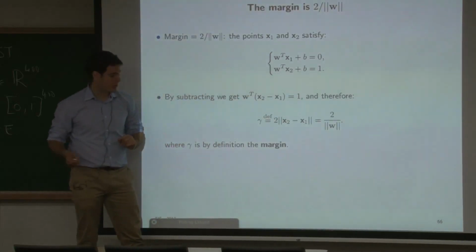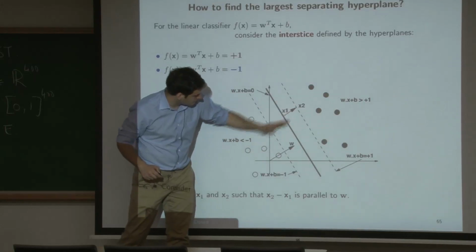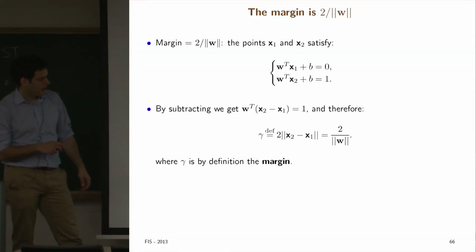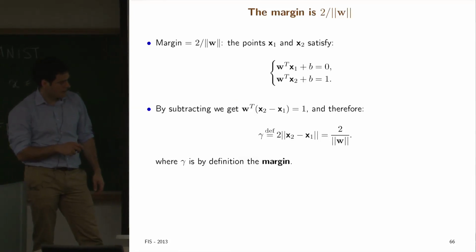And since you have chosen x1 and x2 to be collinear with w, this is actually equal to the norm of w times the norm of x2 minus x1.